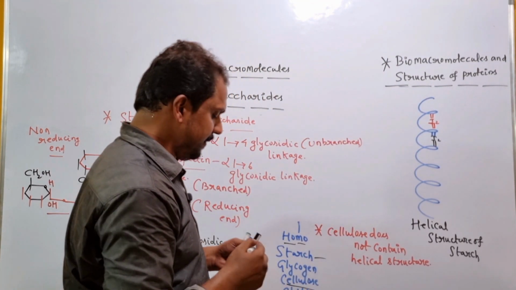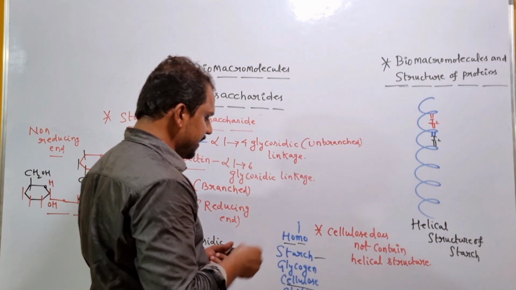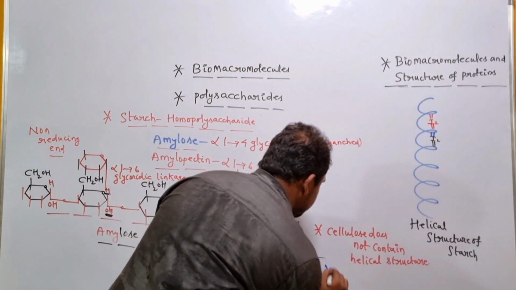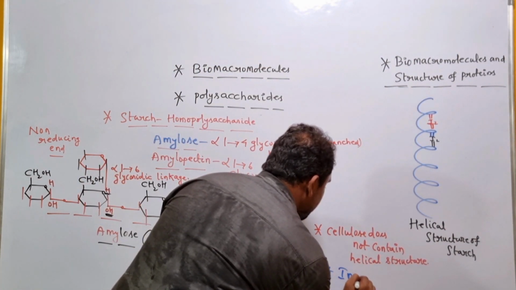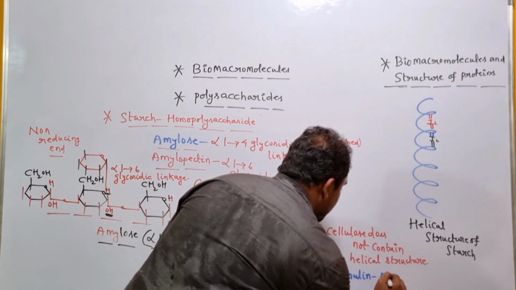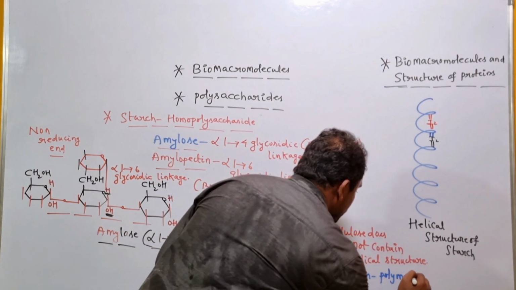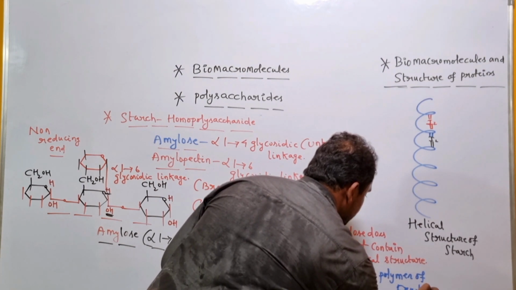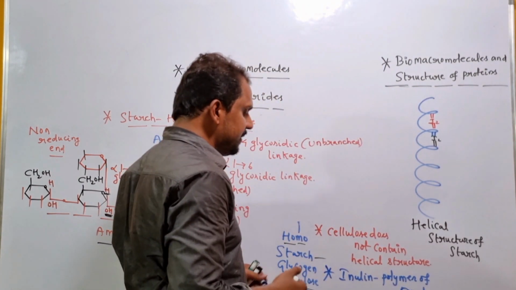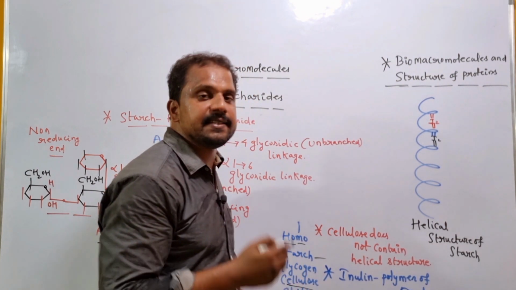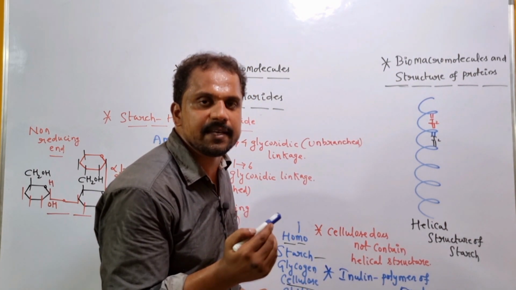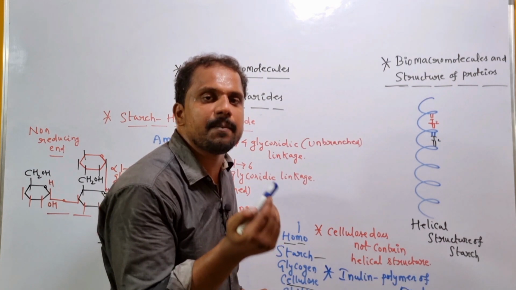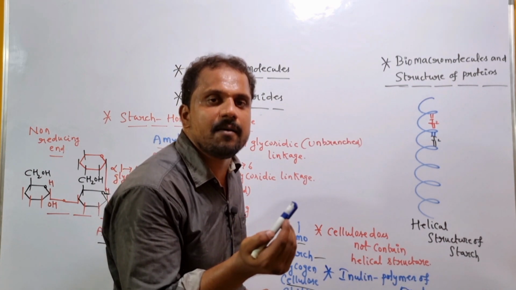Is it clear? Some of the other polysaccharides include inulin. Inulin is a polymer of fructose. In addition to this, even in the case of plants, there is a requirement for these specific polysaccharides. As we all know, the plant cell wall is chemically composed of what?